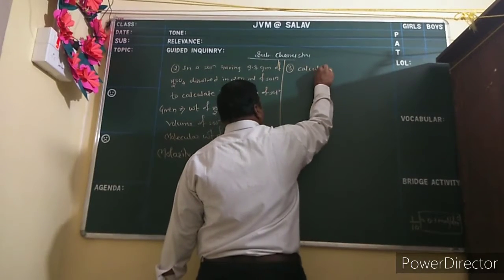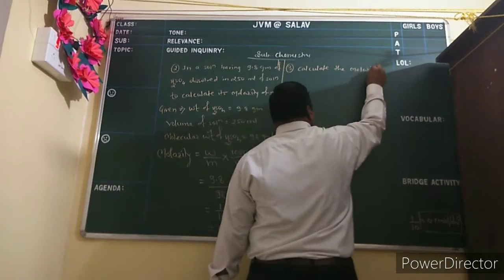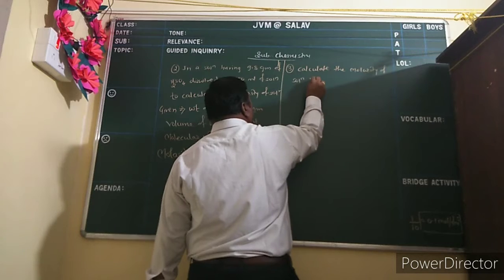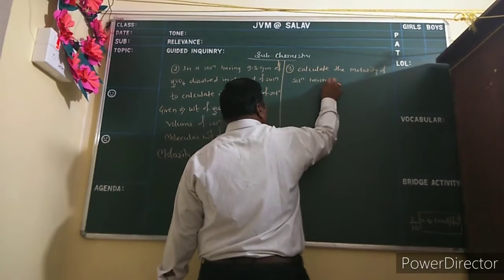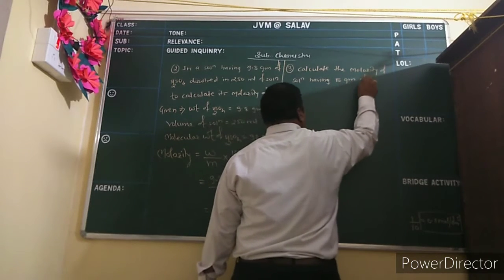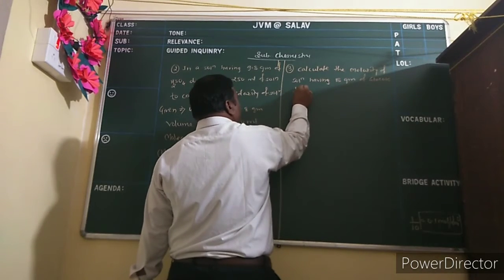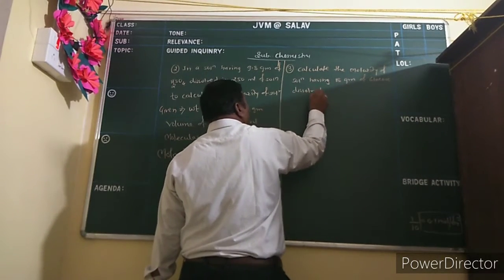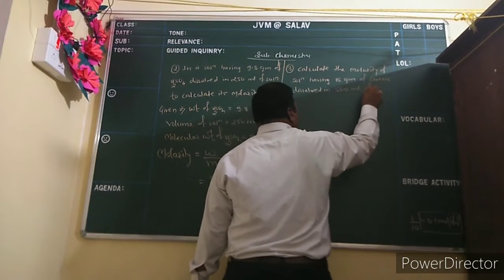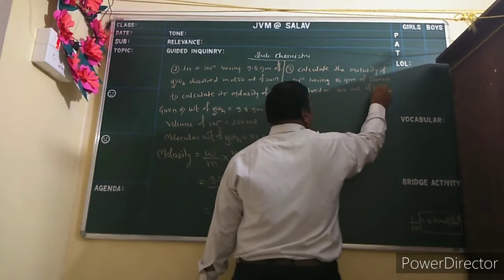Calculate the molarity of a solution having 18 gram of glucose dissolved in 500 ml of solution.